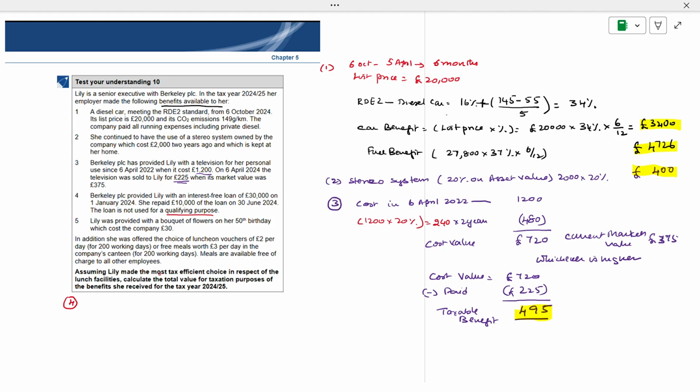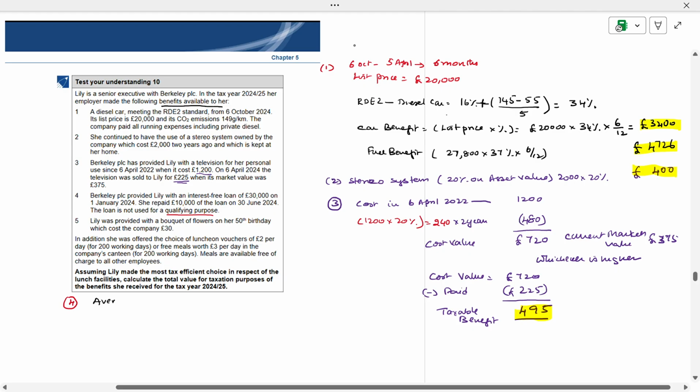Which method will you use? I will explain. We will follow the average method.